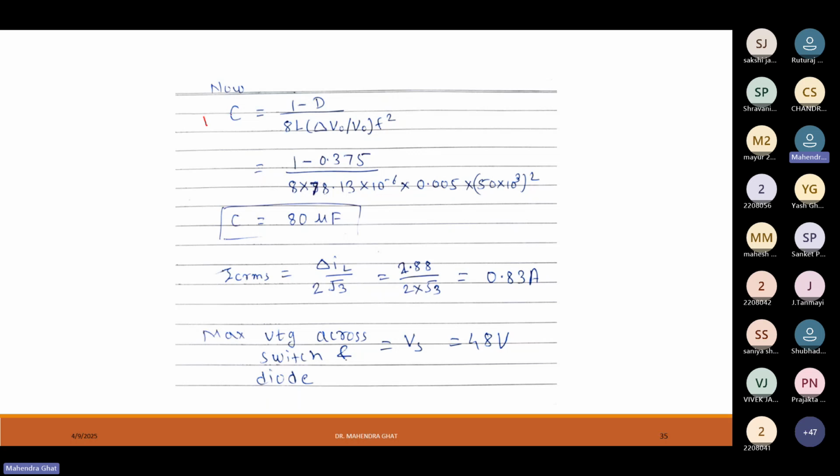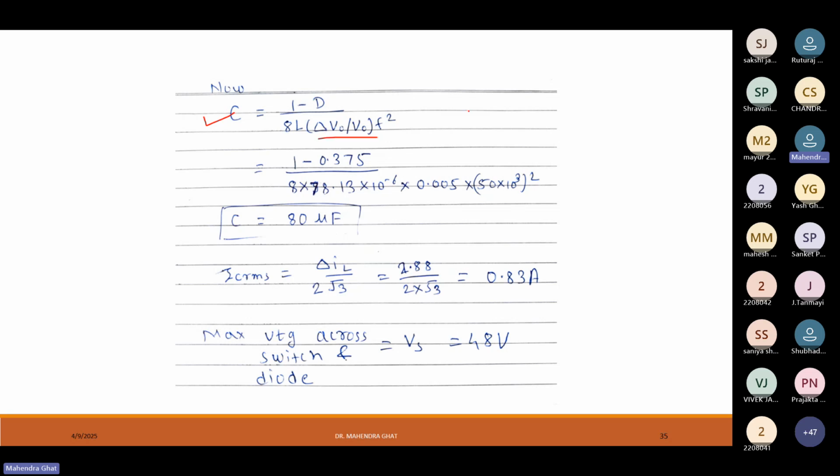Similarly, for the capacitor value we can calculate by this formula: 1 minus T divided by 8L delta VO by VO into F square. So if I put the value 1 minus 0.37375, then the 8 into L value is 78.13 microhenry.